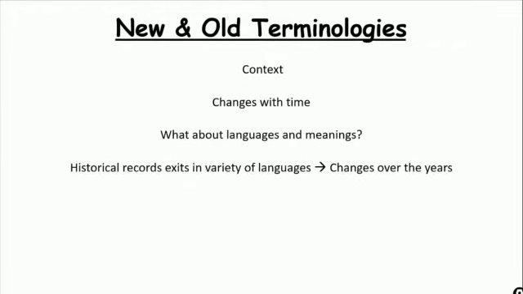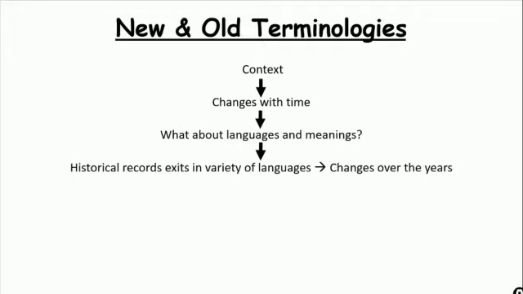The next topic is old and new terminology. When the context changes from time to time, do you believe the same kind of language was used? Absolutely not, right? Historical records exist in a variety of languages which change over the years.